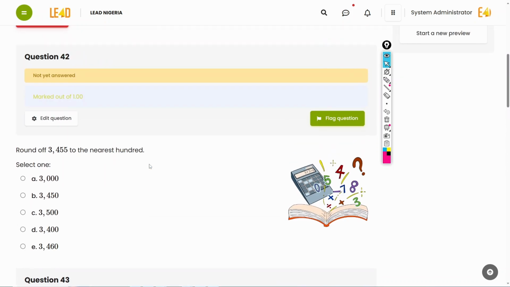This says round off 3,455 to the nearest 100. This is my 100 position here.